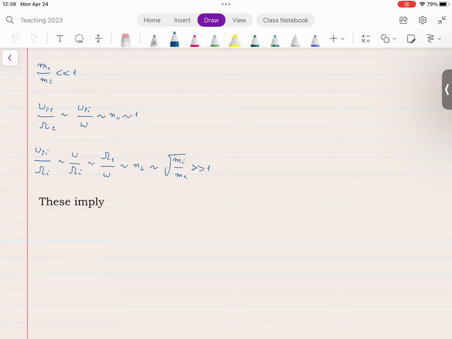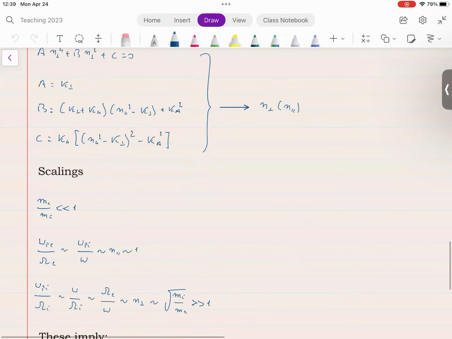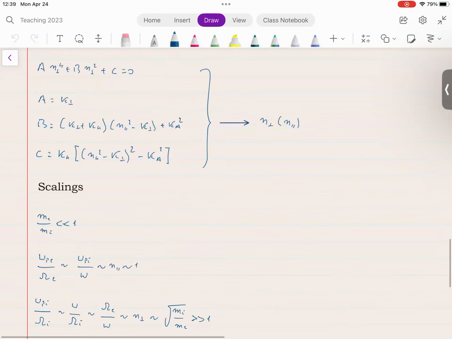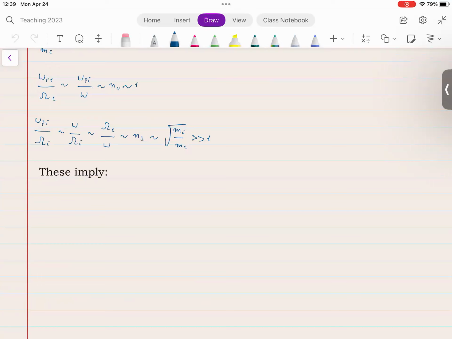I can obtain a scaling for my three terms, K perp, K A, and K parallel. In particular, K perp, which is 1, sorry, to write the electrons first, 1 plus omega plasma electron square over omega cyclotron electron square minus omega plasma ion square over omega square.